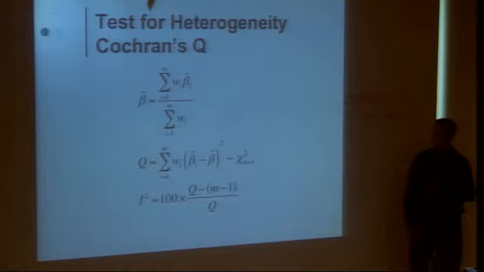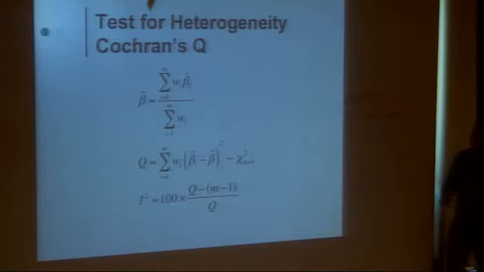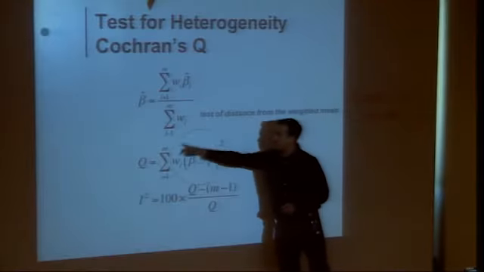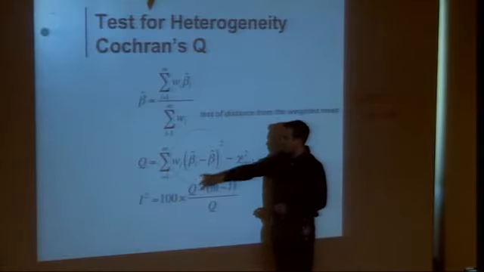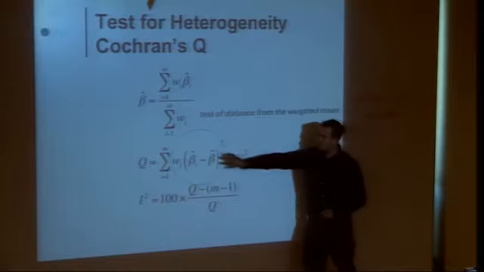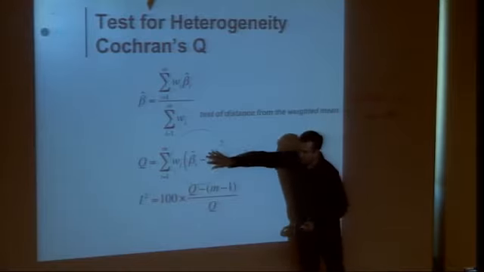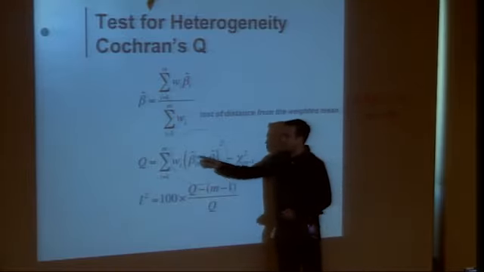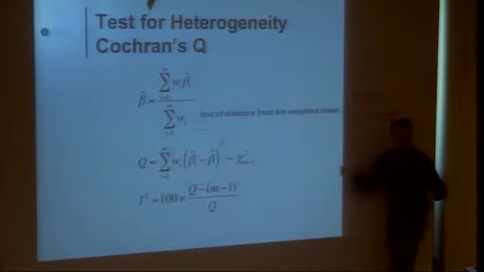And more math, more equations, somewhat similar stuff, but I think the focus is right here. This was our overall mean. You could think of this as that overall Z or that overall beta. And now we're saying, how does each individual one vary around that?